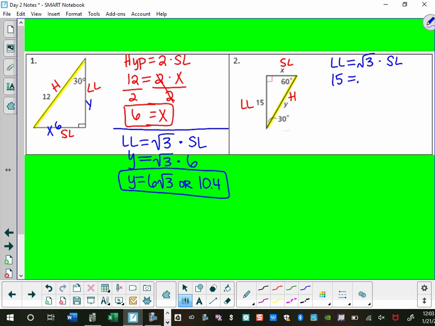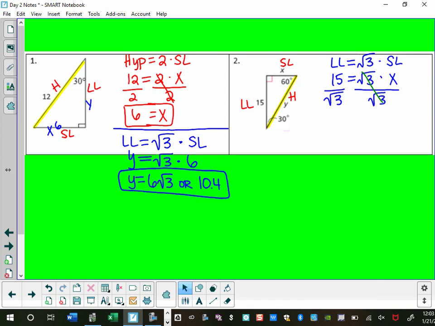I'm going to bring my root 3 down. What is my short leg? x. If I want to solve for x, what do I need to do? Divide by root 3. So my root 3's can cancel out, right?